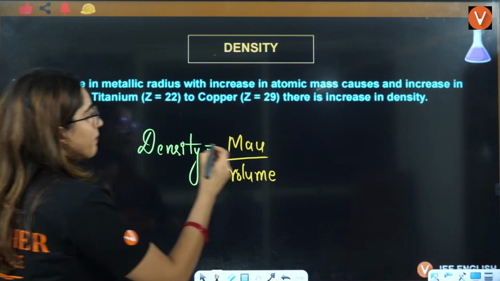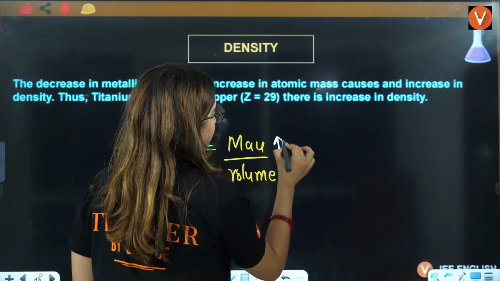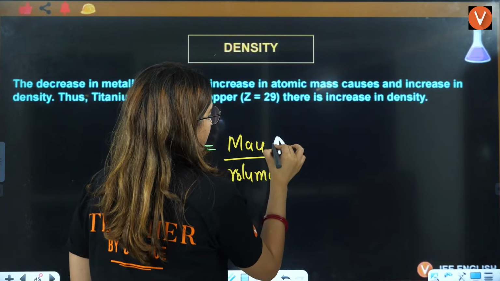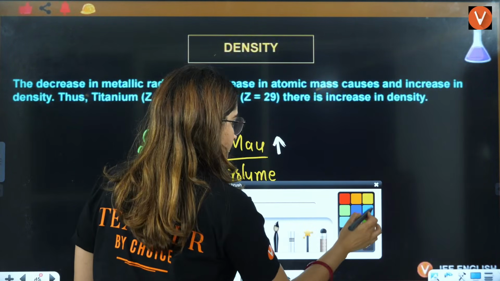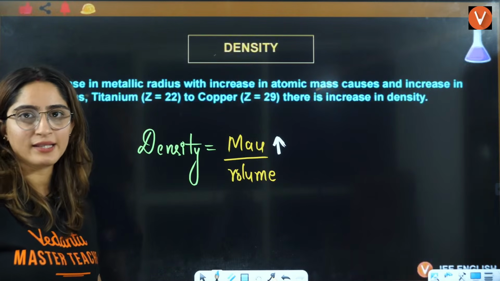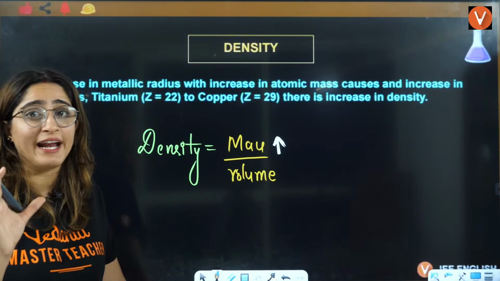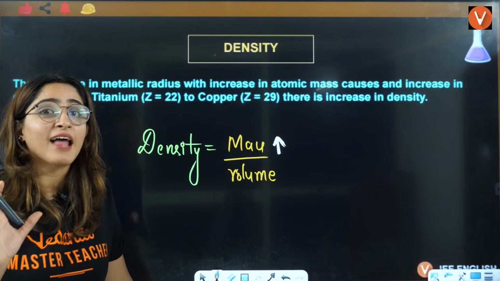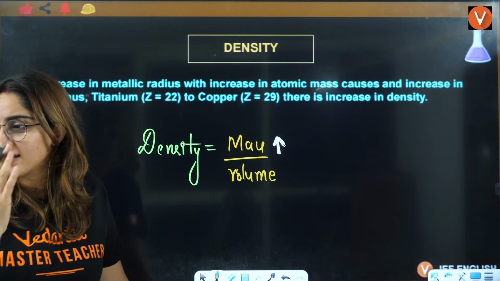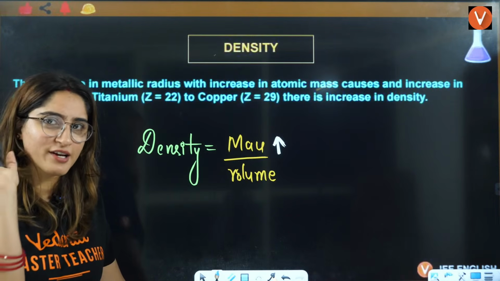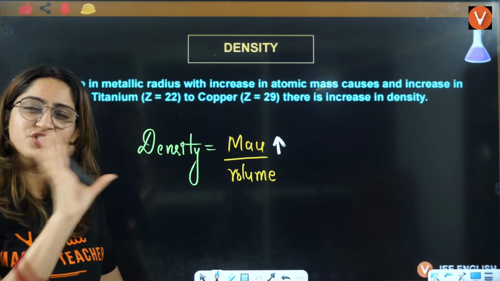See, as atomic mass is increasing, we are taking some example here, because every single trend has exceptions. That's why I'm telling you, relax for some time, this is just a general overview.